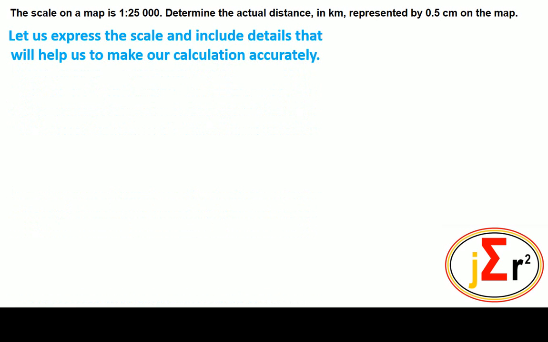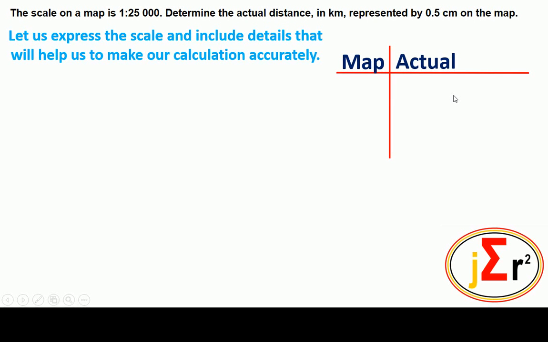Let us express the scale and include details that will help us to make our calculations accurately. There we have a representation of the scale. A part of the scale is in reference to the distance on the map, and a part of the scale is in reference to the actual distance.